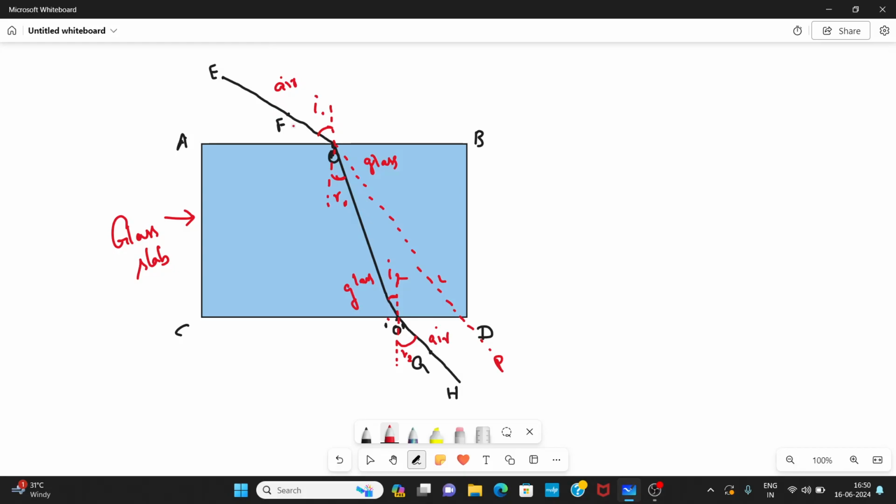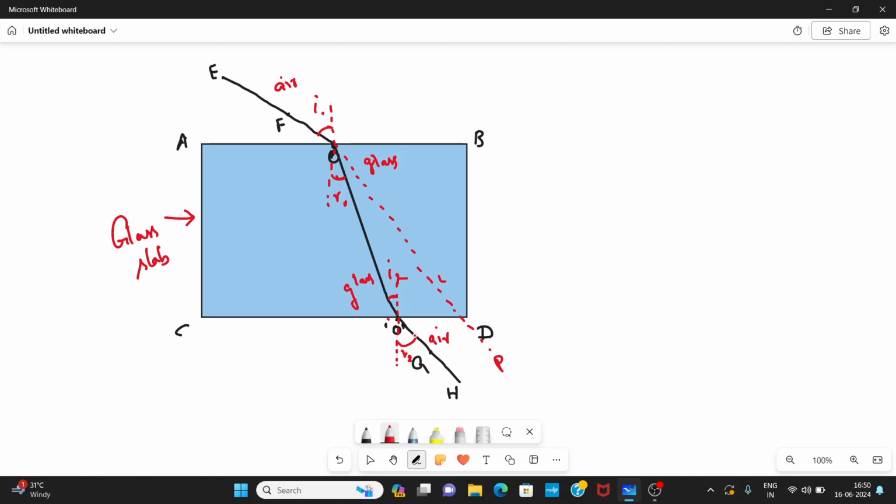So the light is traveling from air to glass, from glass to glass, and from glass to air. So here we have some angle of incidence and refraction. Here also we have some angle of incidence and refraction.